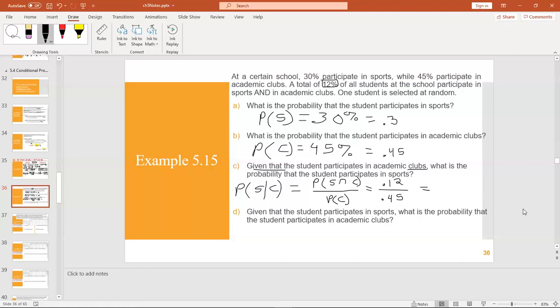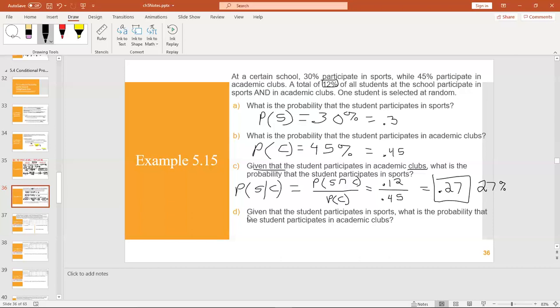So if we do 0.12 divided by 0.45, that gives us 0.27. If we round it off, it's 0.26 repeating. So we'll round that off as 0.27, or that's roughly 27%.